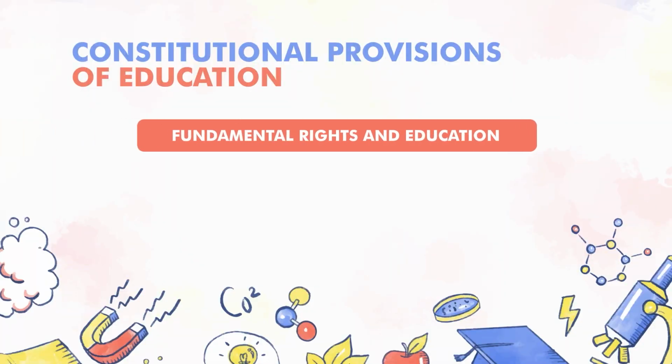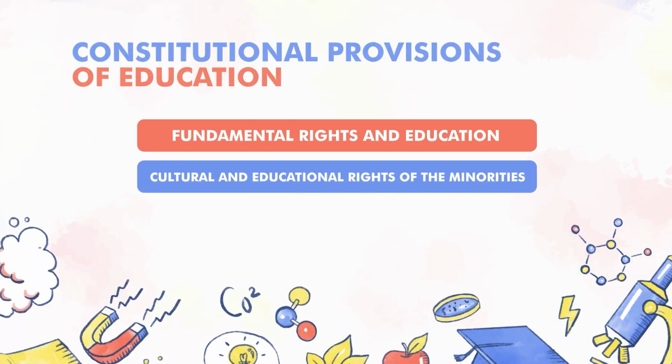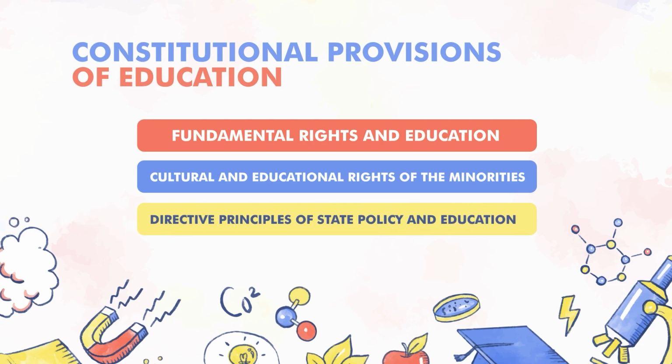So, particularly now let me enter upon what the different specific provisions of education in the constitution are. So far as fundamental right and education is concerned, cultural and educational right of the minorities are concerned, and at the same time directive principle of state policy and education is concerned.